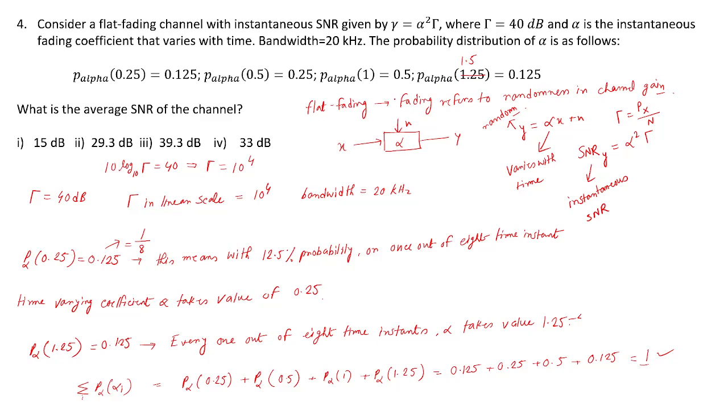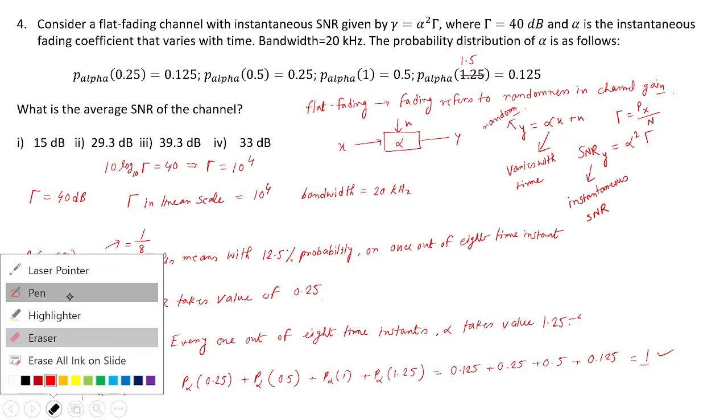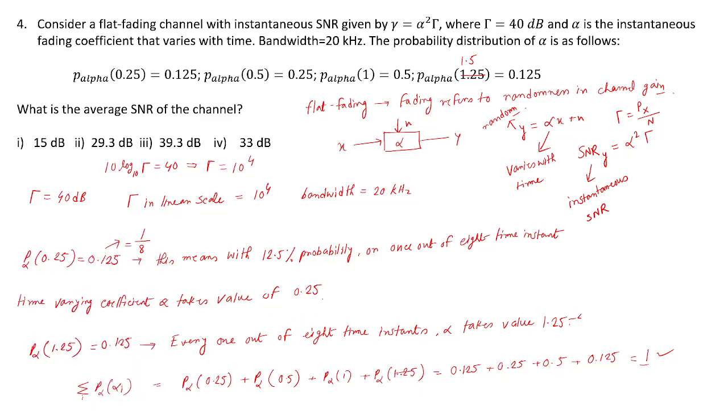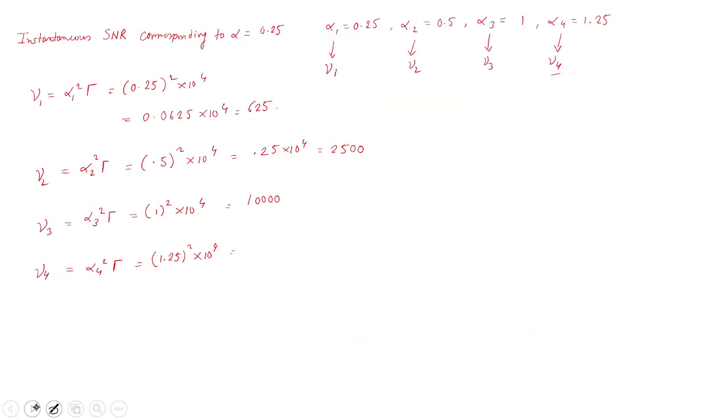I put the question as the wrong one. Alpha 4 should be 1.5, not 1.25. With that we need to make the change here also.